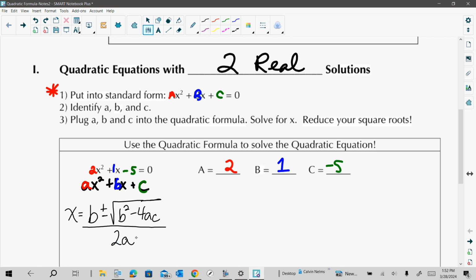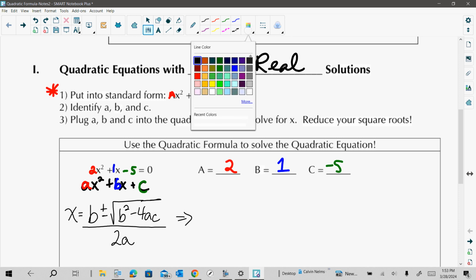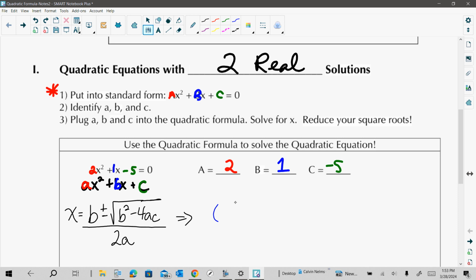So what we're going to do is substitute the values into this formula. I'm just going to show the work over here to the side. I'm plugging in the b, and I forgot to put my negative sign in front of the b. That's a negative sign. I'm using parentheses to show substitution.